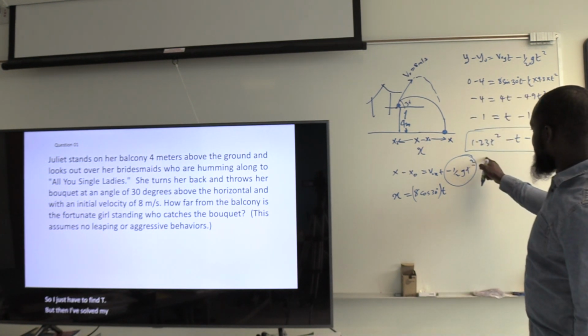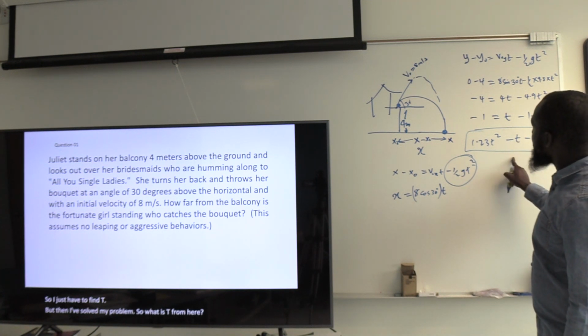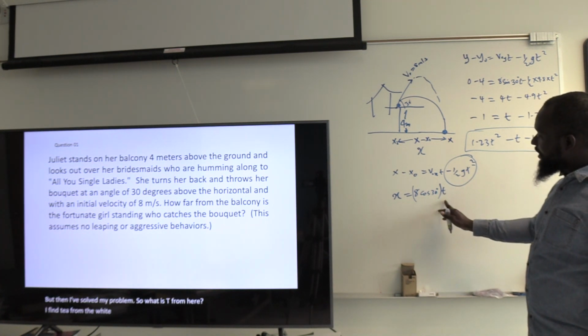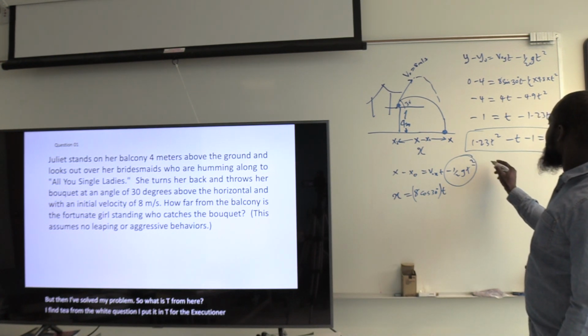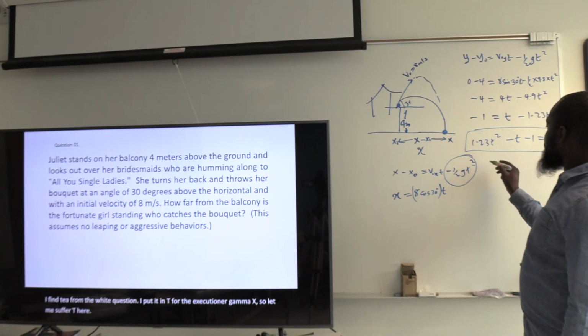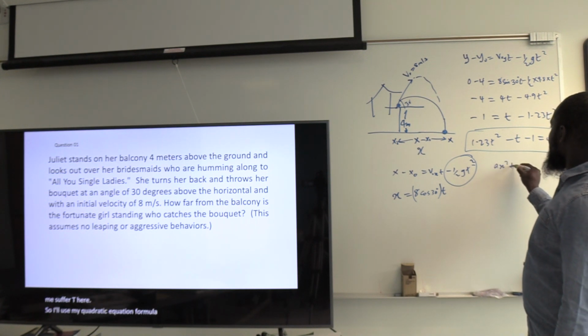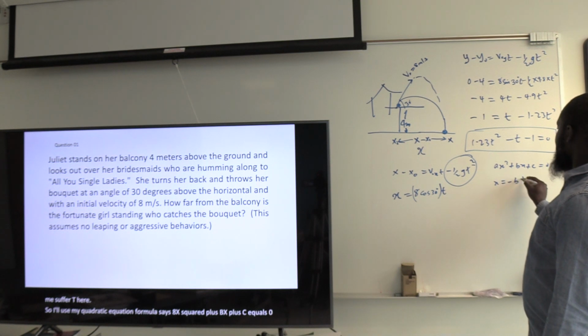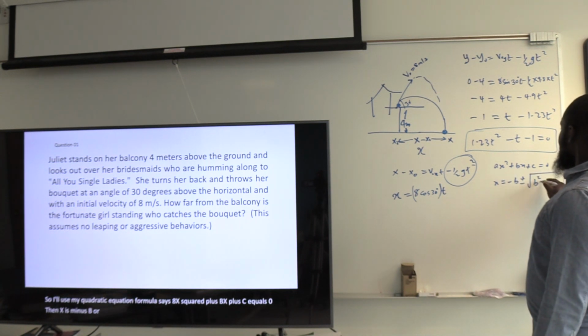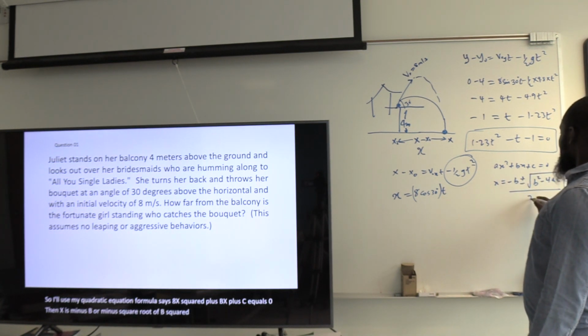So what is t from here? I find t from the y equation, I put t in the x equation, and I get my x. So let me solve for t here. I'll use the quadratic formula: for a x squared plus b x plus c equals 0, x is minus b plus or minus square root of b squared minus 4ac, all over 2a.